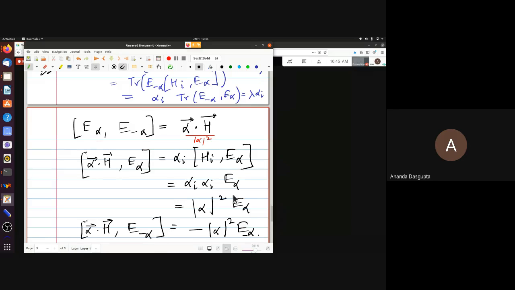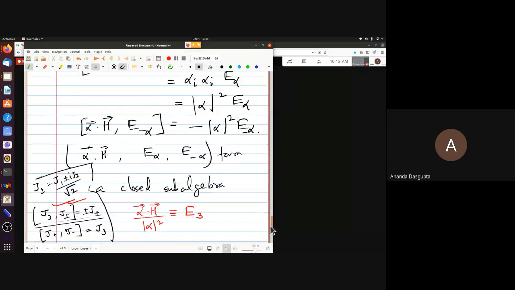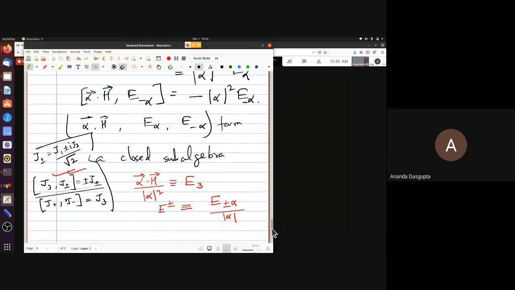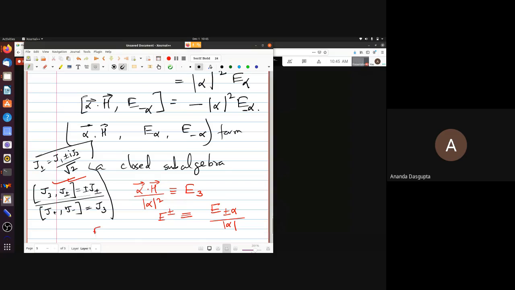So what would you need? You need E plus minus to be defined as, is that okay? That way, E plus commutator with E minus will essentially have an extra 1 by alpha mod square factor. Right? That will give you alpha dot h by alpha mod square, which will just be E3.